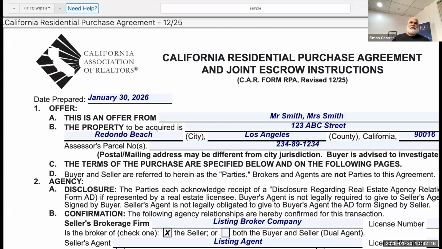Now, this is going to be rapid fire form, but technically this is a form that I can literally spend maybe 2.5 to 3 hours dissecting verbatim all of the details on this purchase agreement. Now, this is to me, in my opinion, the heartbeat of what we do in our careers, right?